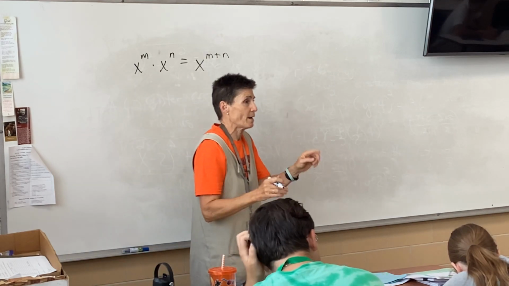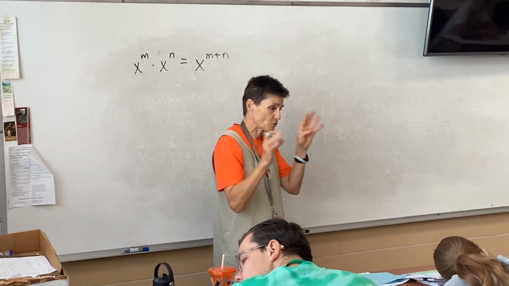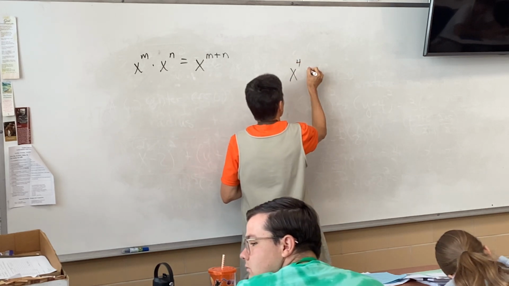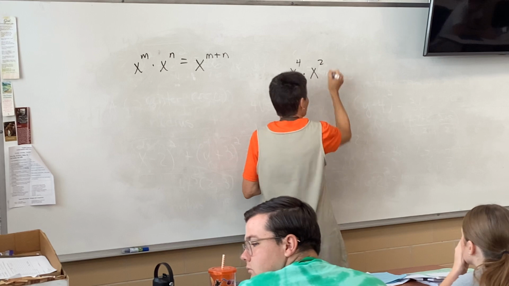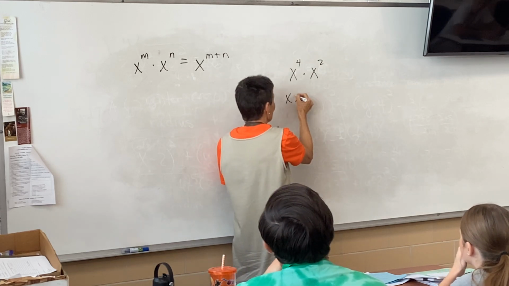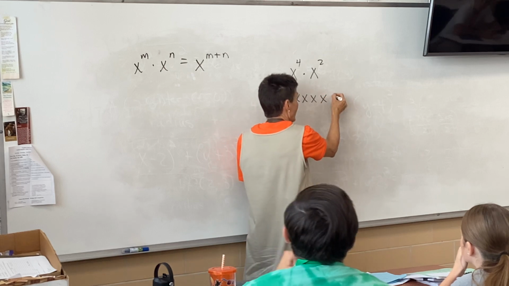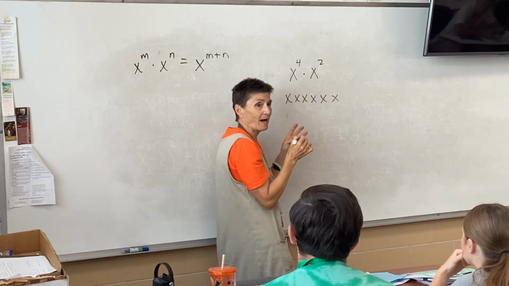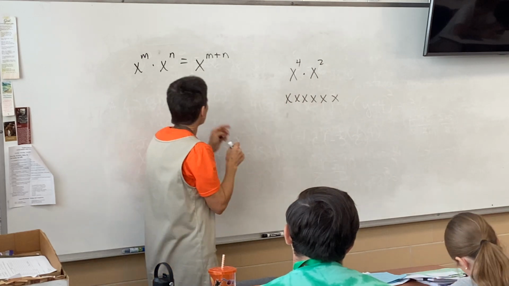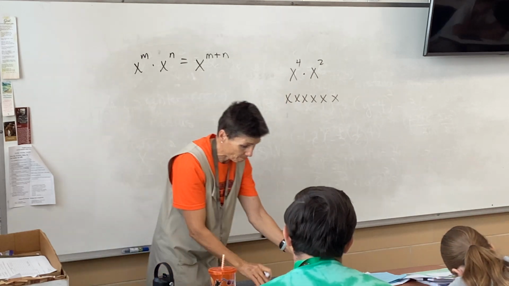Memorizing the rules is great, and you absolutely should have an understanding of the rules. But if you had x to the fourth times x to the second, what does that really mean? That means you have 4 x's and 2 more x's, right? So what have you got? X to the sixth. Yes, you're going to add those exponents. That's x to the m plus n.